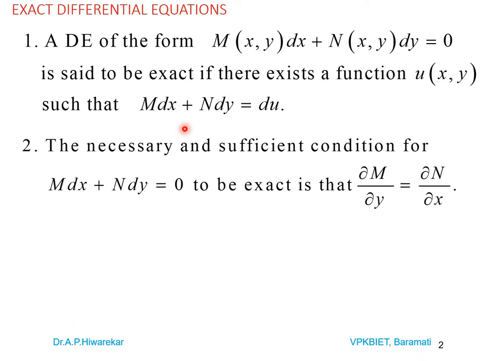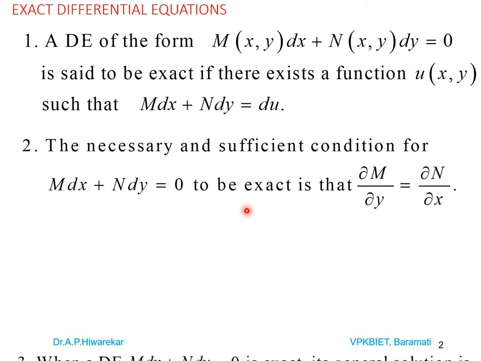So therefore there is a necessary and sufficient condition for differential equation Mdx plus Ndy is equal to 0 to be exact: ∂M/∂y equal to ∂N/∂x. Obviously here M and N are functions of x and y, and also u is function of x and y.